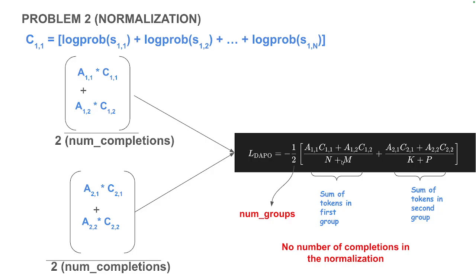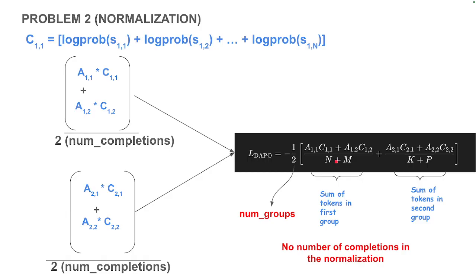So they would take the normalization out of the log probs, and they would normalize the sum of this quantity, and this is the number of groups. So this is how the DAPO loss varies as compared to GRPO, where in GRPO we normalize these quantities, but in DAPO we are normalizing by the total length of the rollouts for the entire group.